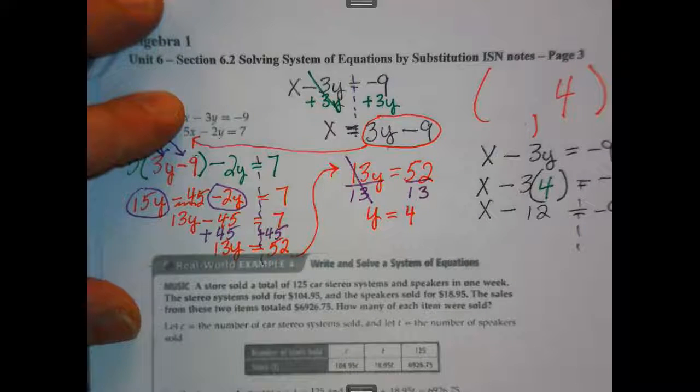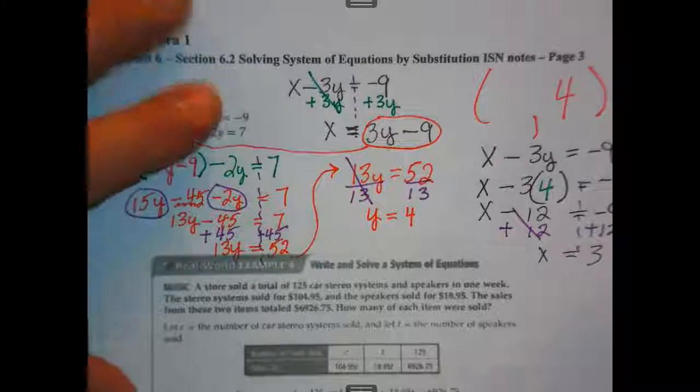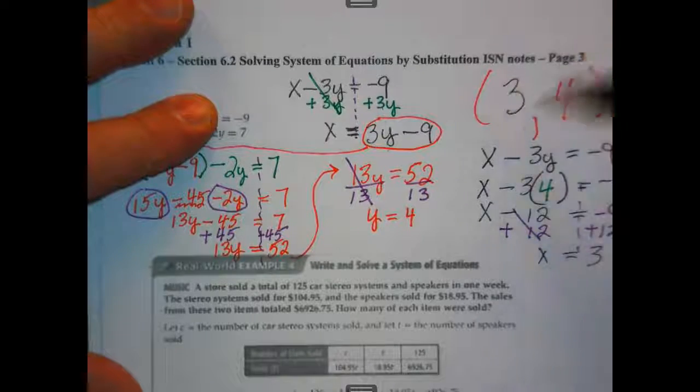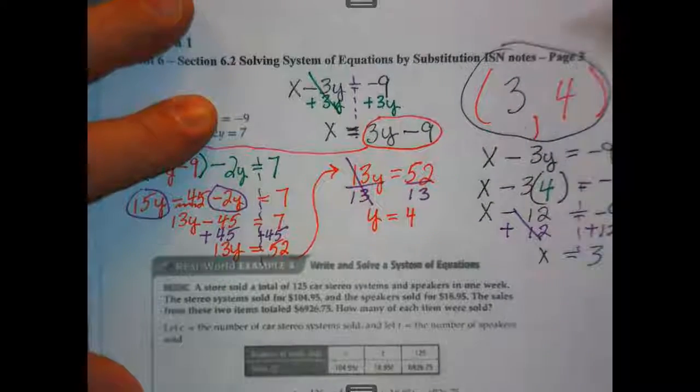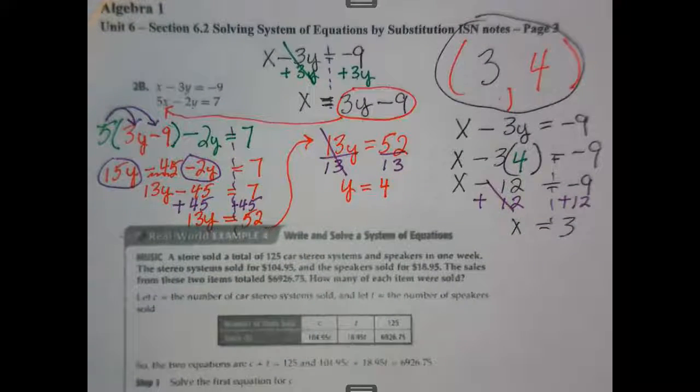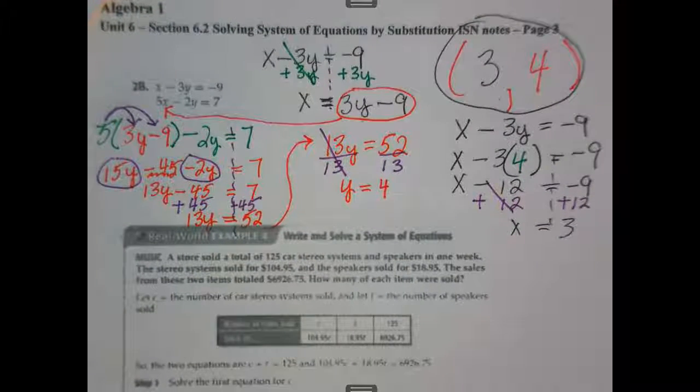Undo the minus 12. Add 12. So what does x equal? Okay, positive 3. So these can get pretty lengthy.